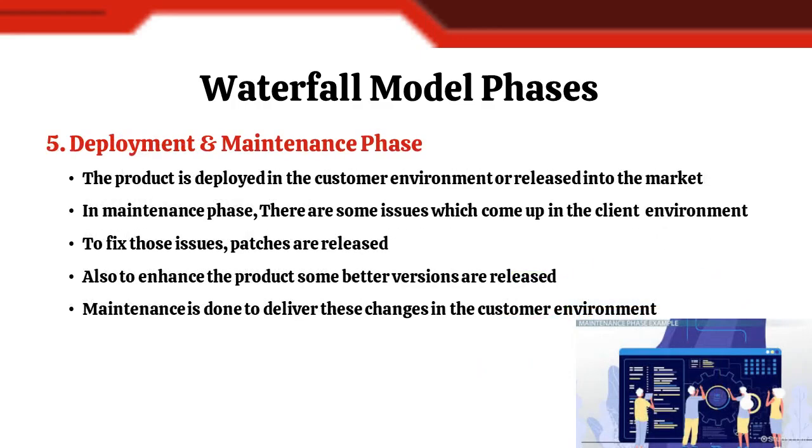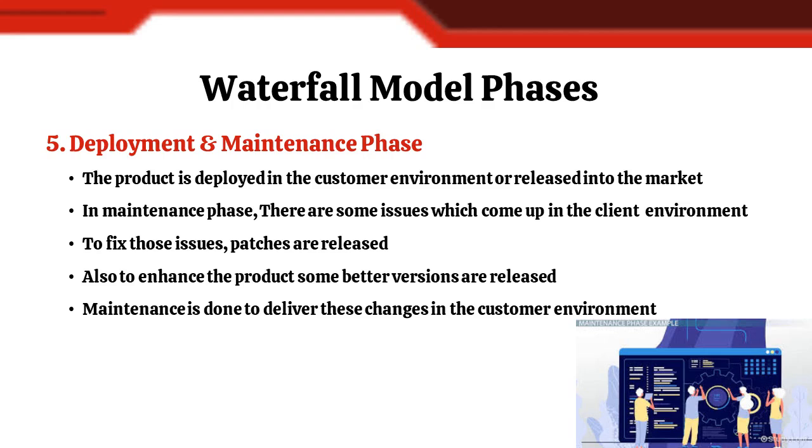The fifth and final phase of the waterfall model is deployment and maintenance. In the deployment phase, the product is released into the market or deployed in the customer's environment. During the maintenance phase, some issues may appear when the software is used in the client environment.